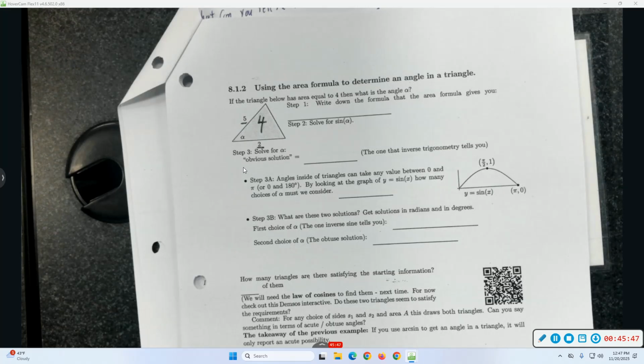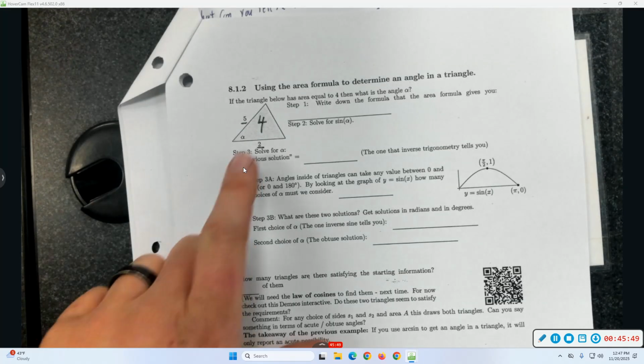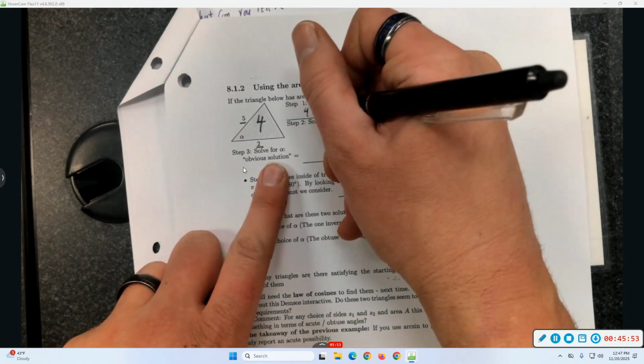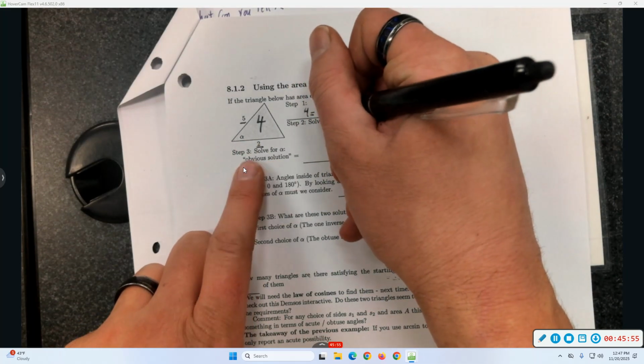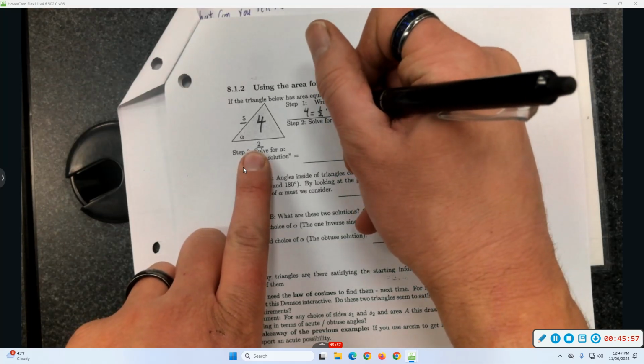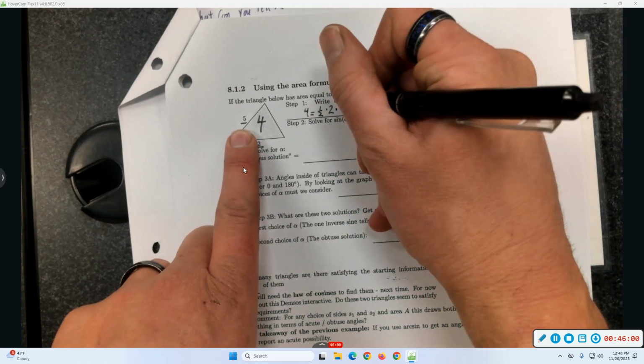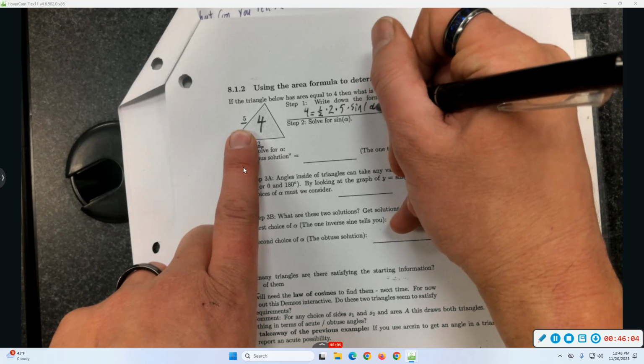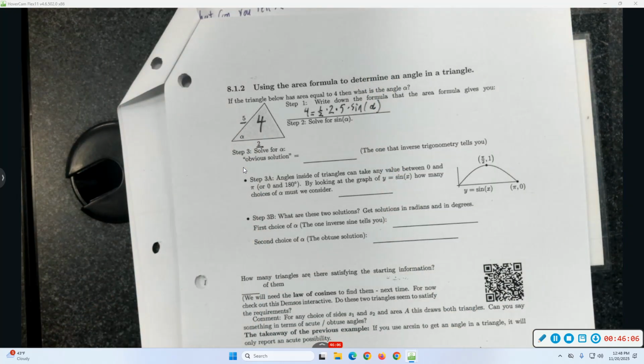Let's start by writing down the equation we get. So I guess the area formula says that the total area, 4, should be equal to 1/2 side length 2, times side length 5, times the sine of this angle alpha. That looks like an equation we can try to solve for alpha.